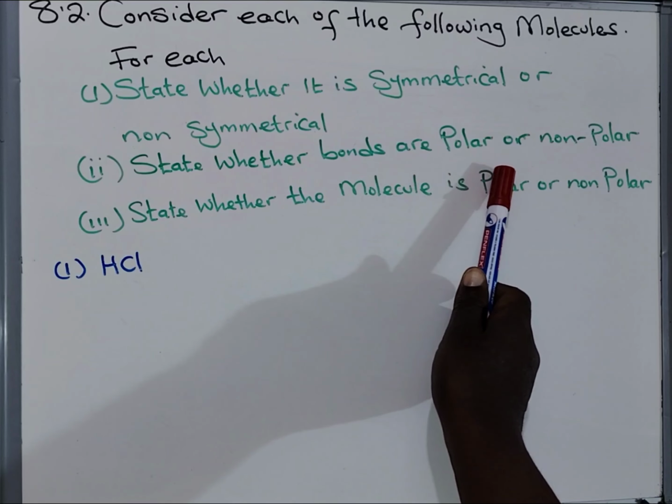Then we come to this molecule, carbon dioxide. How does carbon dioxide appear? It has carbon as the central atom with a double bond attached to oxygen and another double bond attached to this oxygen.